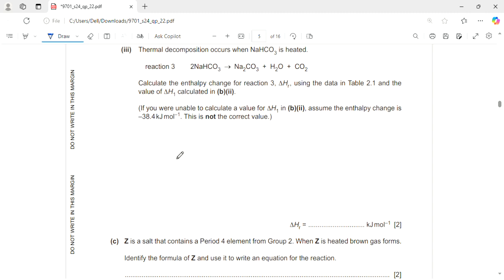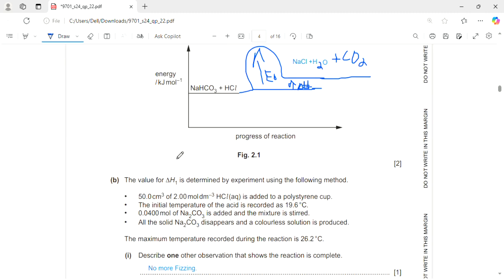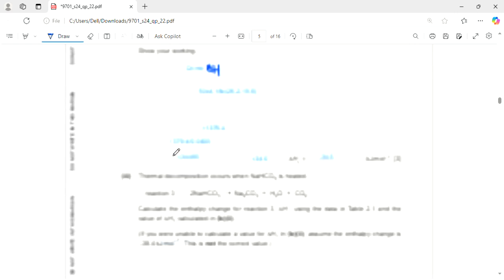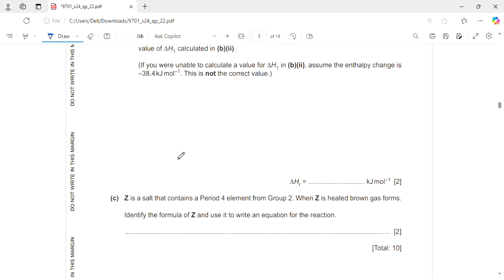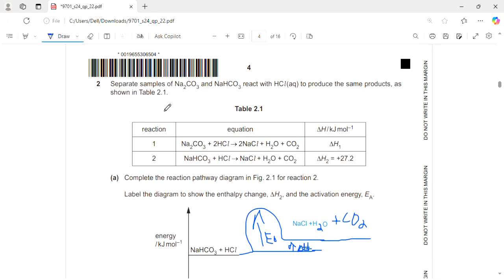Sorry, 2 multiplied by delta H2, which means 2 multiplied by the value of delta H2, which is plus 27.2.